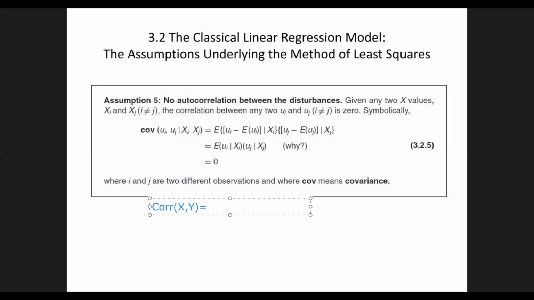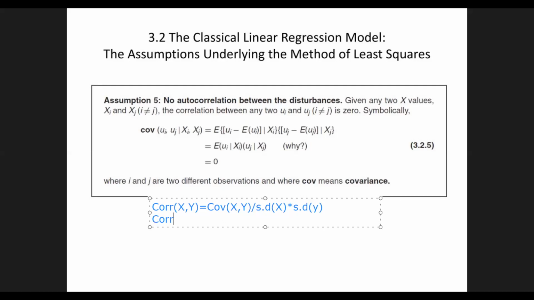The formula for the correlation is correlation of xy, which is equal to covariance of xy, and in the denominator we have the standard deviation of x multiplied by the standard deviation of y. This is the correlation.